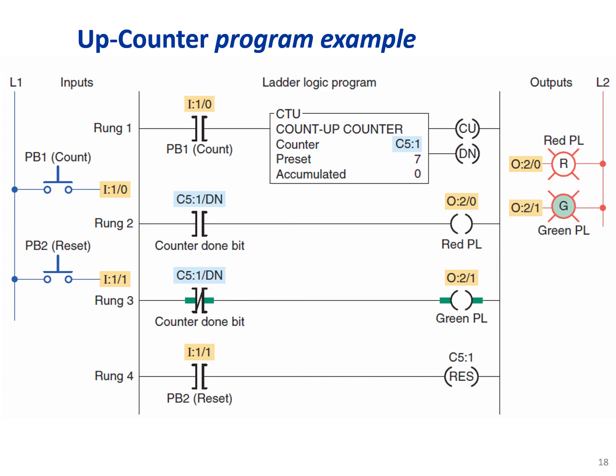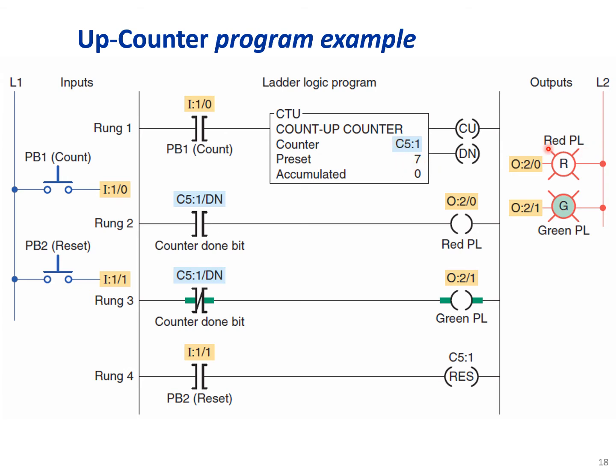Okay, so here we have one example, and in this example we have an up counter. We have this push button 1 here for counting, and we have a push button 2 for resetting the counter. The preset value is 7.